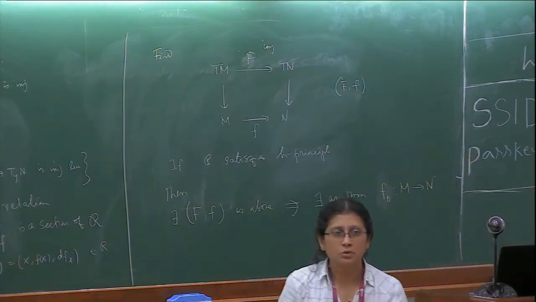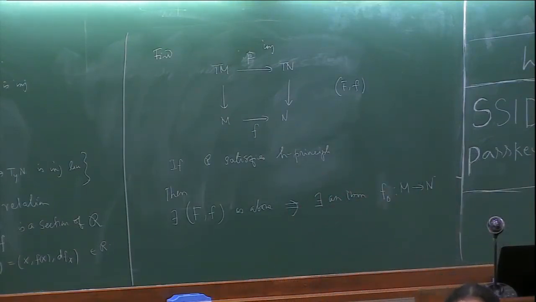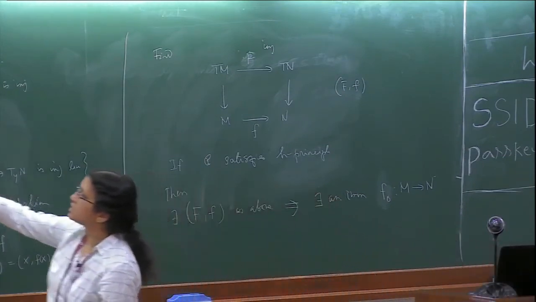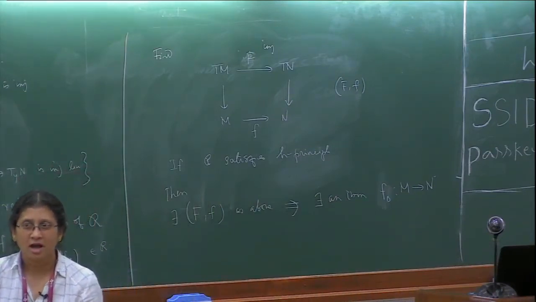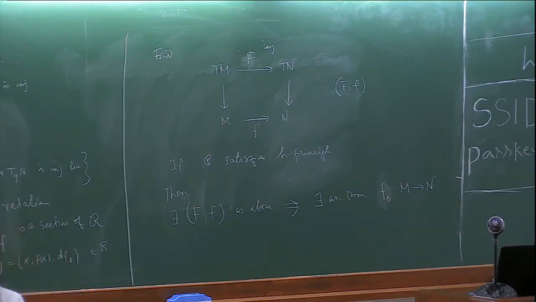Okay, so there are two steps. In this theorem, what I will be discussing is which relations, that means which subsets, satisfy the h-principle. I will not be discussing whether this has a formal solution or not. That is already taken care of by the obstruction theory in algebraic topology.